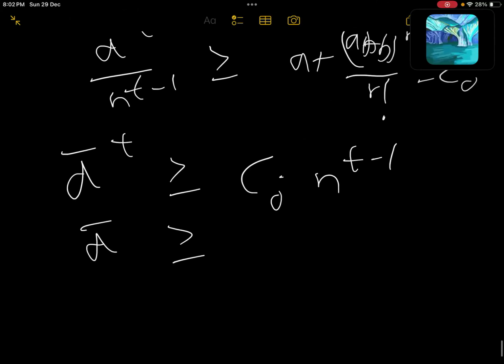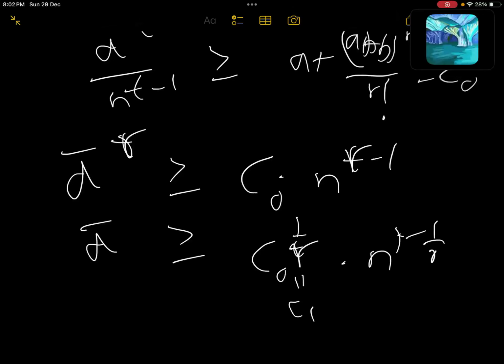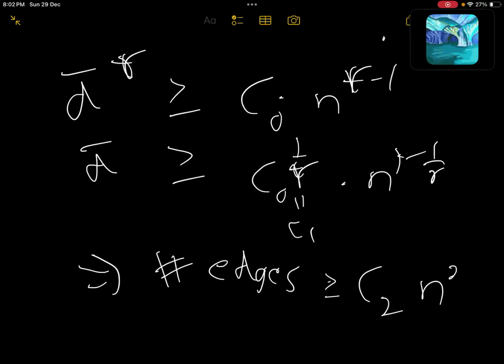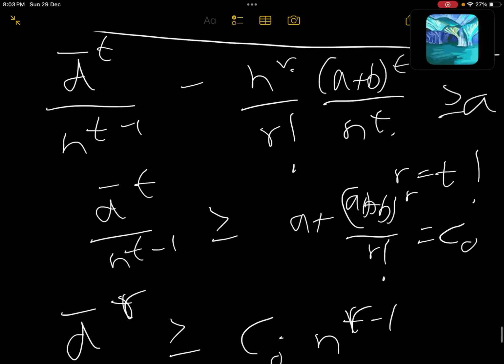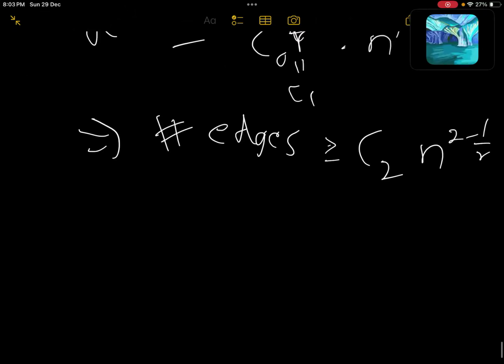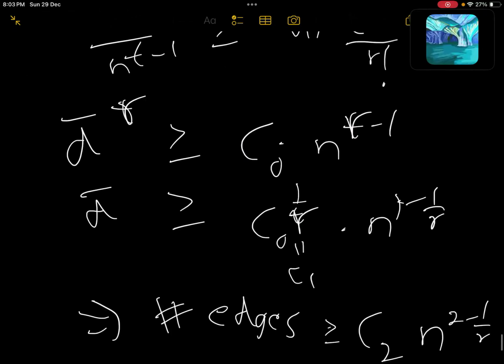So we want D bar is at least C naught raised to 1 by T. This is also some C1, let's say, because T is equal to R into N raised to 1 minus 1 by R. This is just this times N, so this is C2. This is what we get. Yeah, that makes more sense. That concludes that. Any other doubt?